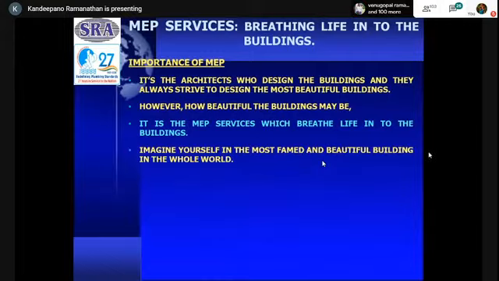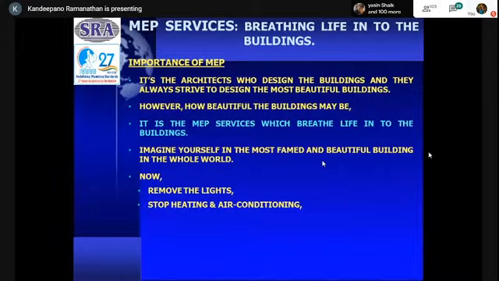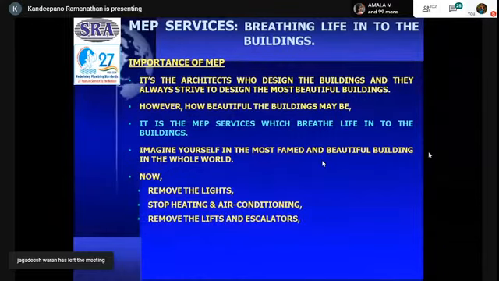For example, imagine you are in the most famed and most beautiful building in the whole world. Now, you remove the lights, you stop the heating and air conditioning systems inside the building, remove the lifts and escalators, right?